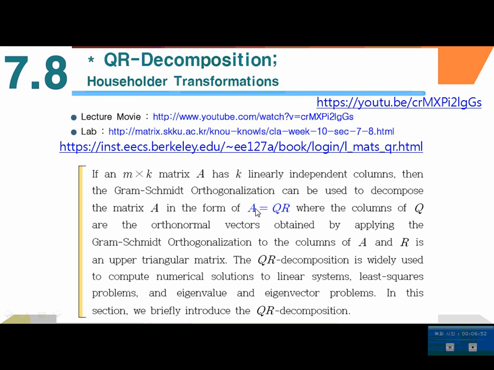So A can be written as a product of a unitary matrix and a triangular matrix. The QR decomposition is widely used to compute numerical solutions to linear systems and least squares problems and eigenvalue and eigenvector problems.